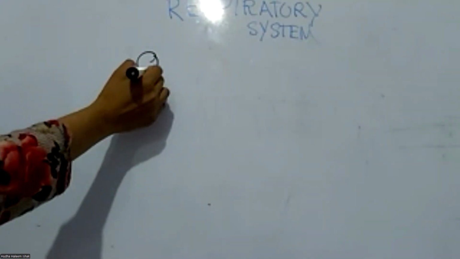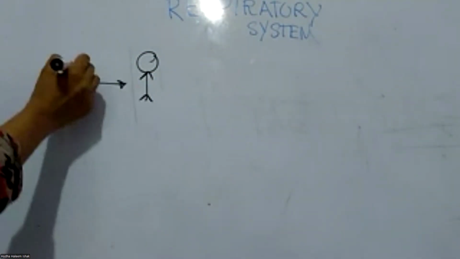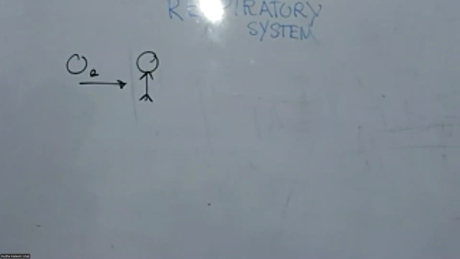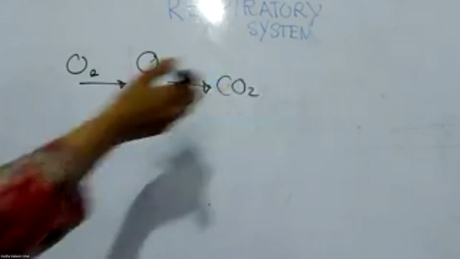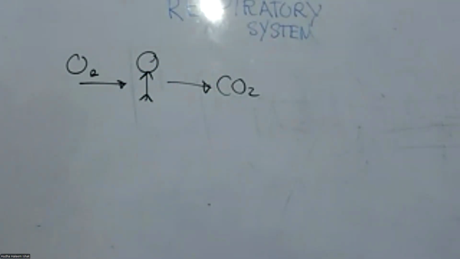So if we are a human, we are absorbing oxygen. And what's the gas we are releasing? I want you all to answer as well. Very good. It's carbon dioxide. So oxygen is the gas which we inhale and carbon dioxide is the gas which we exhale.